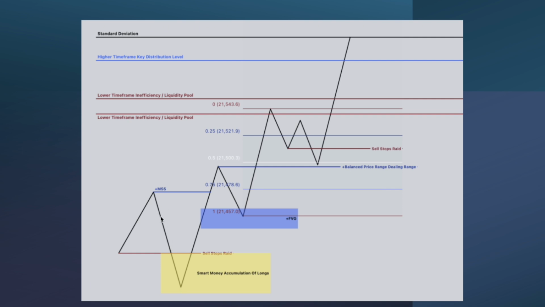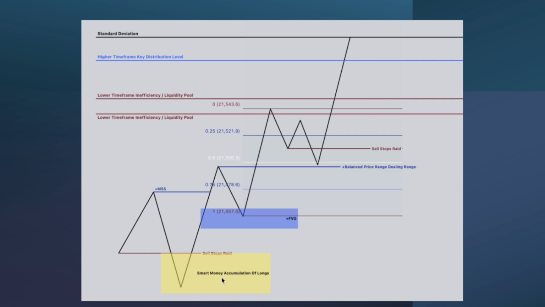If we're looking at this dealing range or this run from this swing high here, which is going to be seen as a swing high in terms of a normal chart, down to the swing low, if we understand that this run was created for the sole purpose of retracing back below these sell stops, then once we go above it and once this high is taken, there is no reason for the market to create a deep retracement, because this is now done.